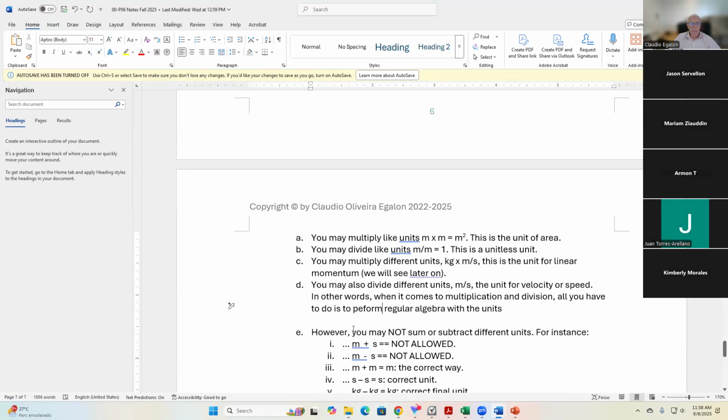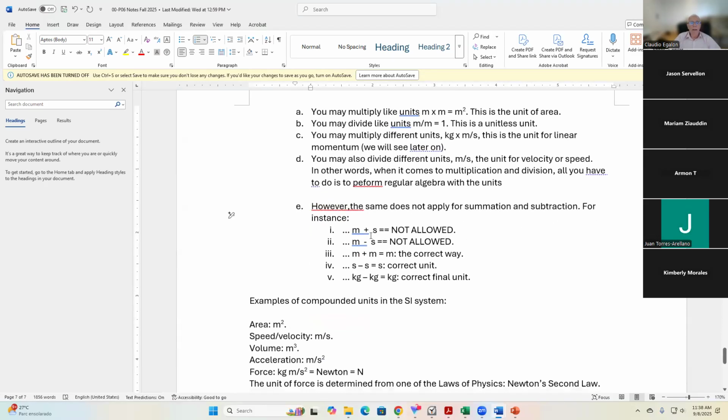However, the same does not apply for summation and subtraction. Okay? For instance, you cannot sum or subtract units that are different.